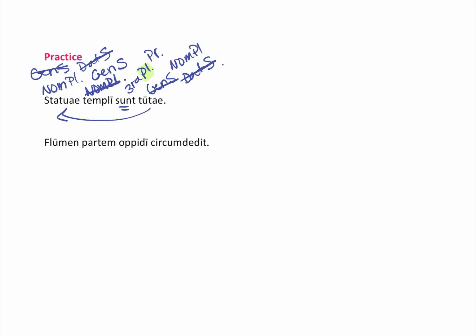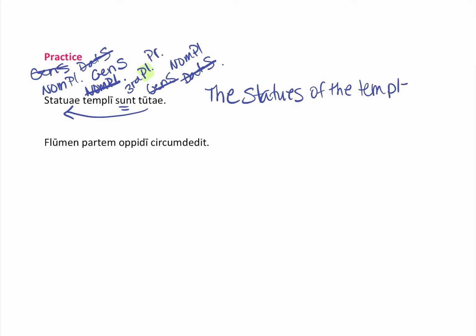Now let's translate that and see if that makes sense. So statuae, the statues, and then templi gets an "of the" in front of it, of the temple, and sunt, are, and tutae, protected.